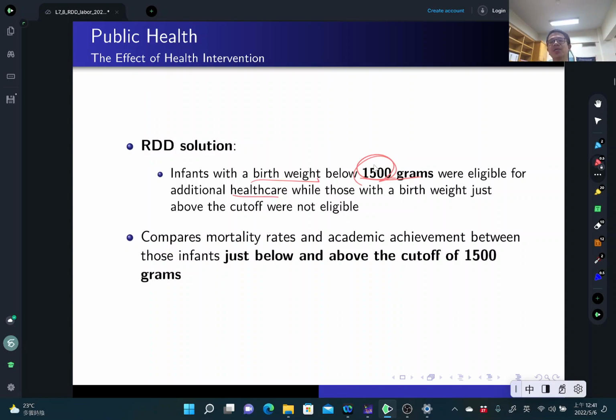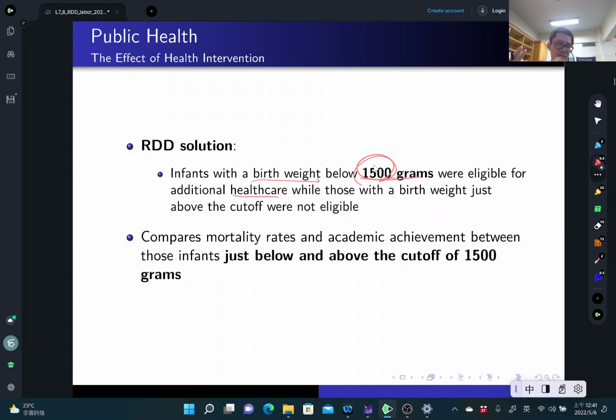But for those who are just above, for example, 1,501 grams, they are also very dangerous, not very healthy. It's also low birth weight. But due to this guideline, they receive much less healthcare intervention. But their health status should be very similar.